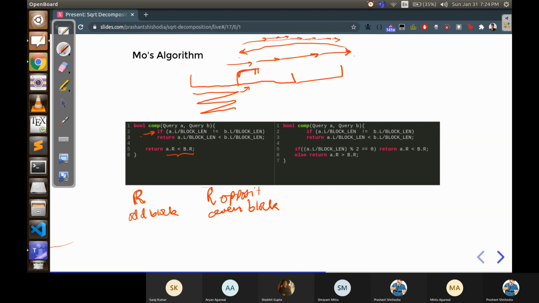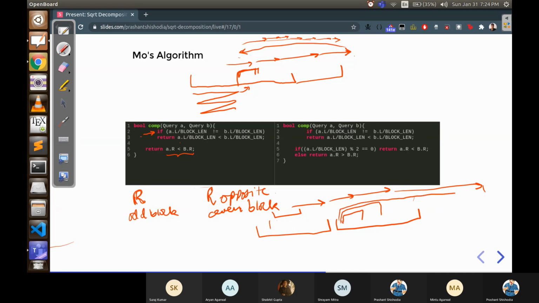Because if this is a block and this is a block, my right endpoint went here, my query started from here, and my queries went up to here. So my right endpoint went here, and I have a query here, I have a query here, and I have another query. Now since it's sorted in reverse order, I can directly answer this query rather than going back there and starting to come back here.